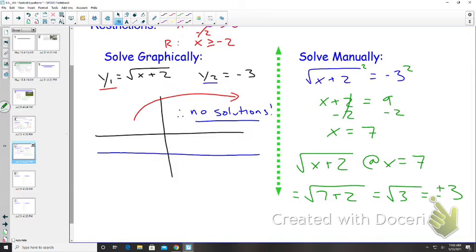Okay, so this might suggest that we do have solutions, but in this particular question, we do not. Okay, so it's actually wise for us to both check it graphically and solve it manually, right?